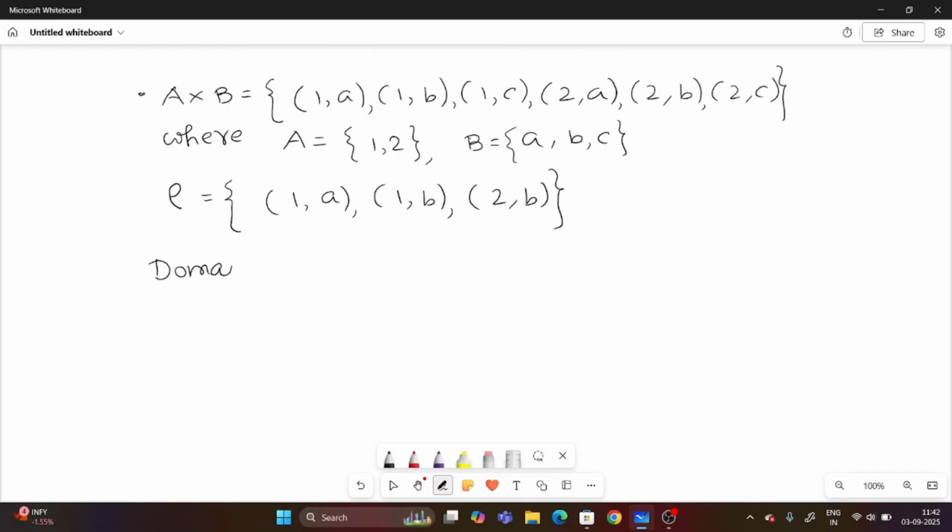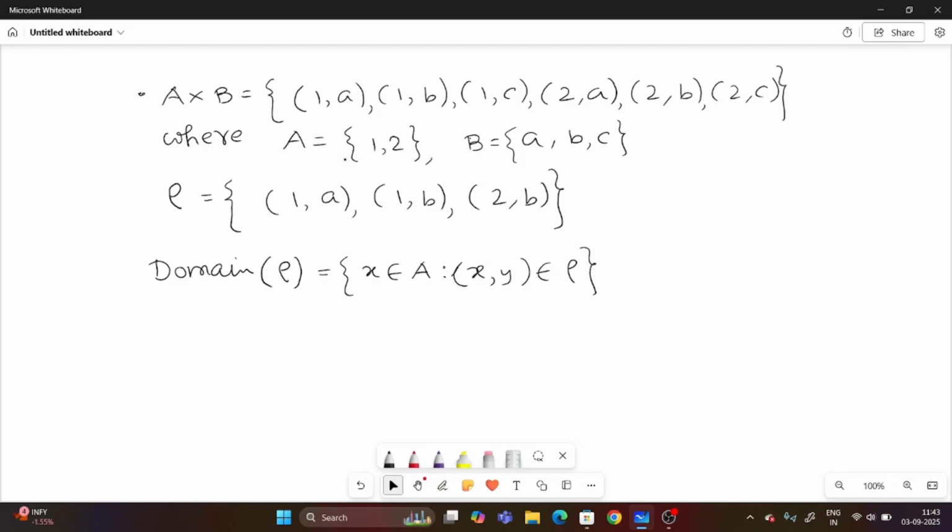So what is the domain of the relation? Domain means the collection of all elements x from A for which (x, y) belongs to rho.